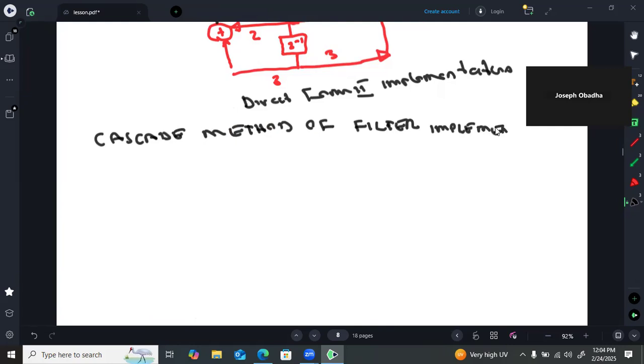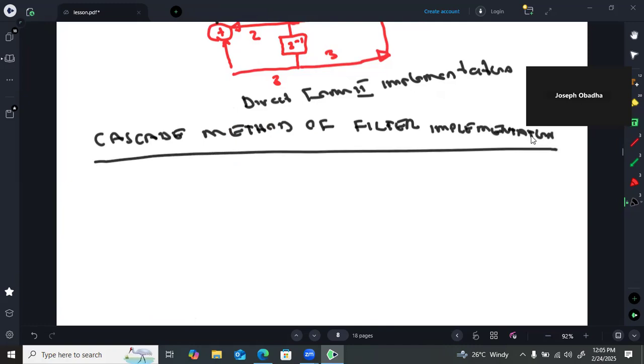Or simply cascade structures. As the name suggests, when we connect block diagrams, for example, in cascade, then they are in series, which is opposite to the case where they are in parallel.